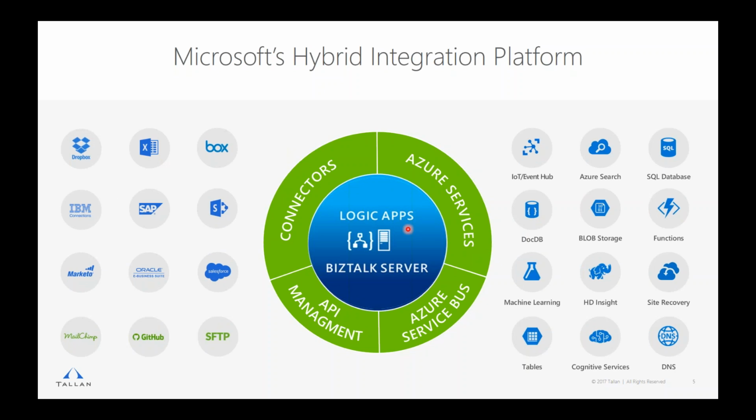On the left-hand side, you may see some IBM connections, Dropbox, and so the connectors really allow you to get that reach into those different applications. Maybe it's Salesforce, NetSuite, ERP systems, and then on the right side is more the Azure services side: cognitive services, site recovery, Azure Functions, Azure SQL Database. It's really just bringing all this together in what we call the hybrid integration platform.